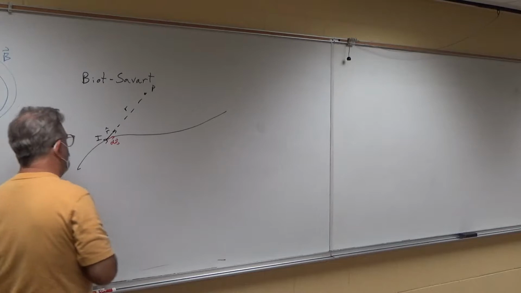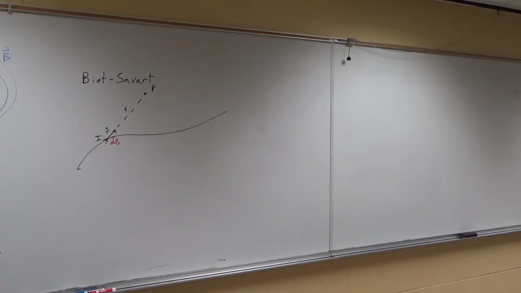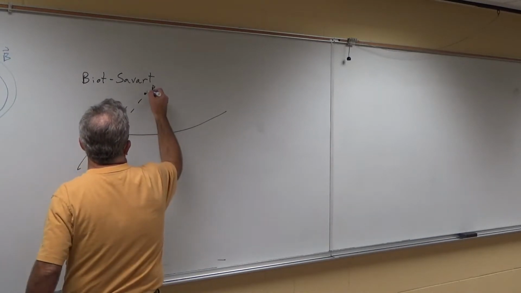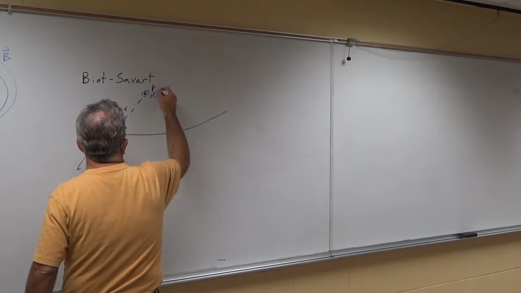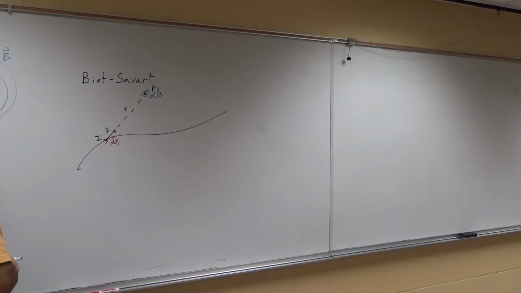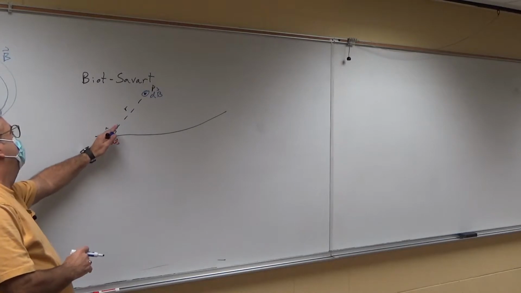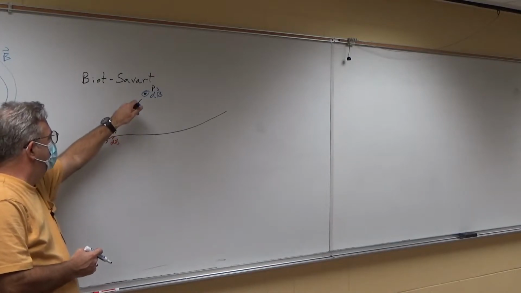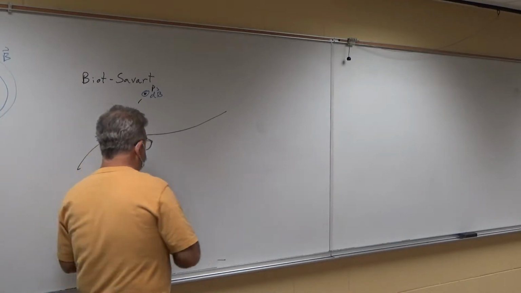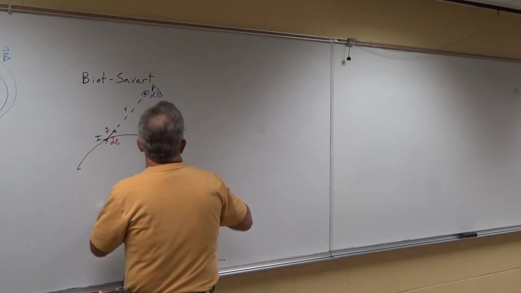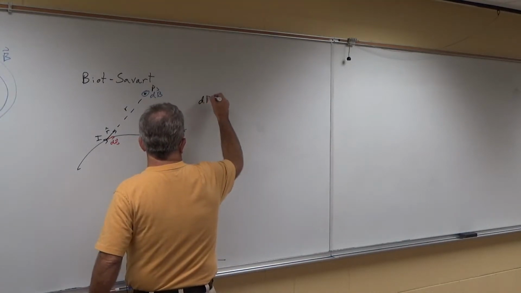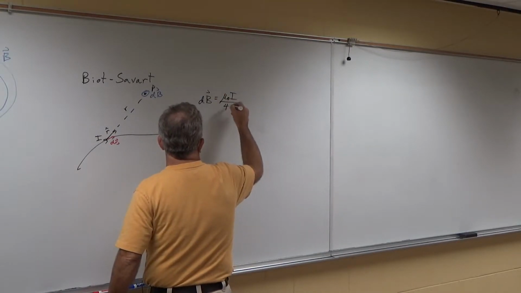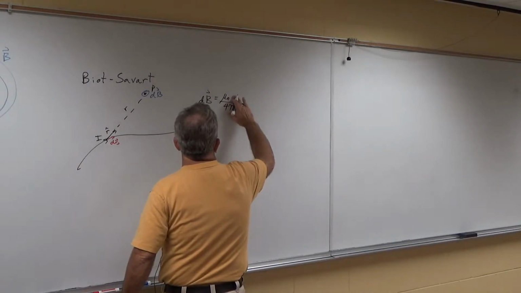This distance is r, okay, and I get a little bit of field at that point, dB, based on the direction of the current, this angle between r hat and ds, and that distance. And the relationship, this is Biot-Savart, the relationship is dB is equal to mu naught I over 4 pi. Well, let me write it like this first.